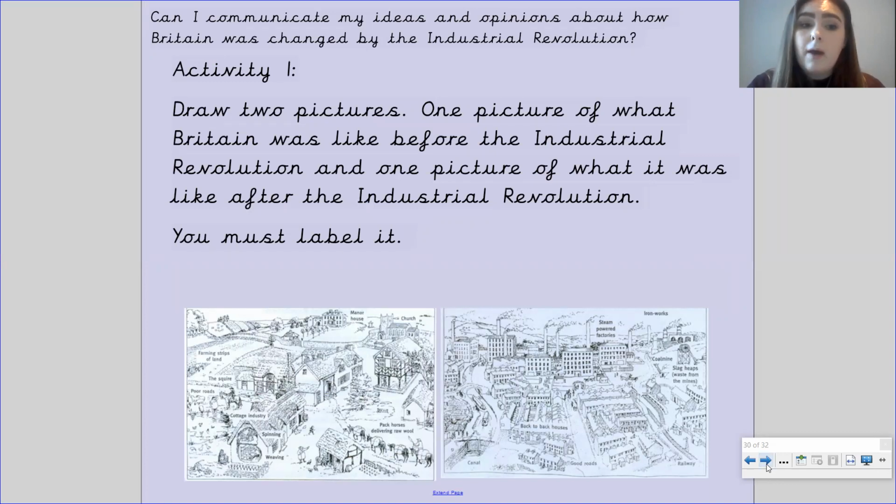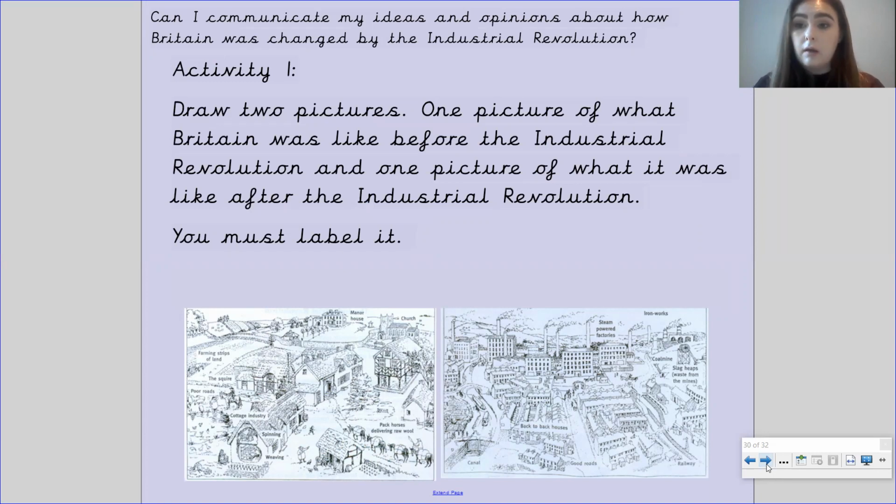And I want you to draw a picture of what Britain was like before the Industrial Revolution. So remember, think of things with lots of fields, not many houses, dirt track roads, horse and cart, lots of animals. And then I want you to draw a picture of what it was like after the Industrial Revolution.